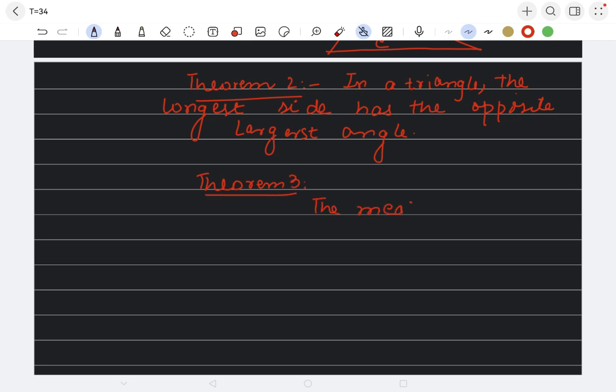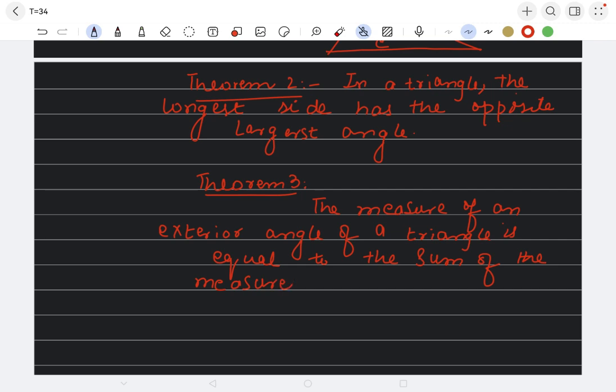The measure of an exterior angle of a triangle is equal to the sum of the measures of its two non-adjacent interior angles.